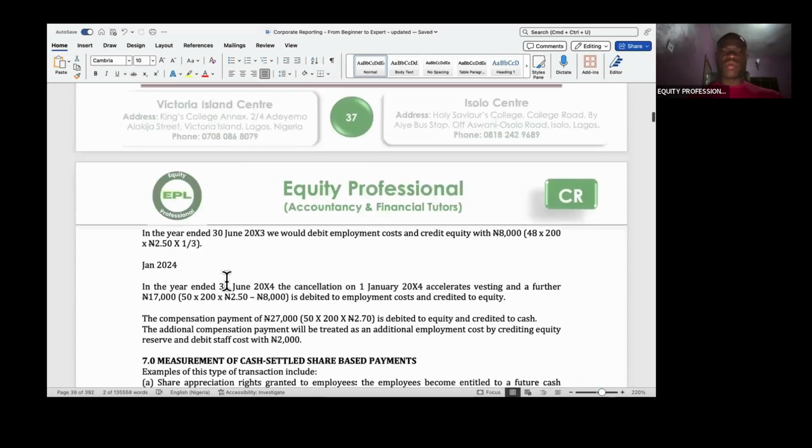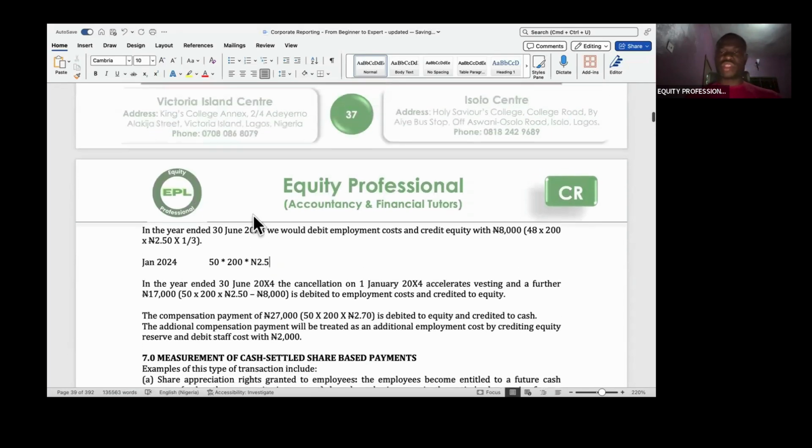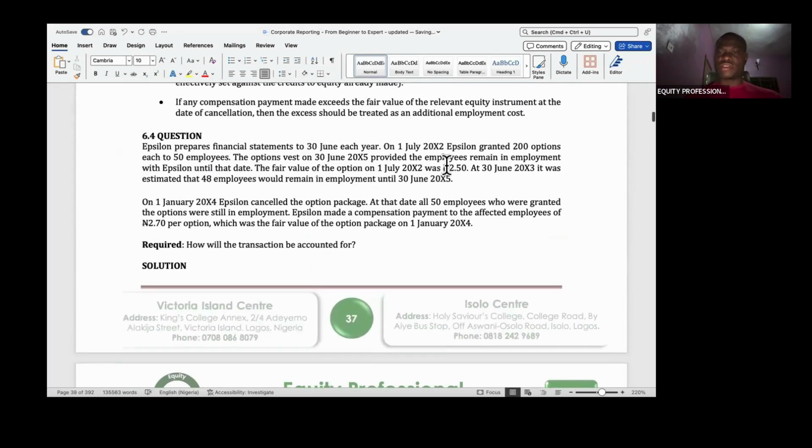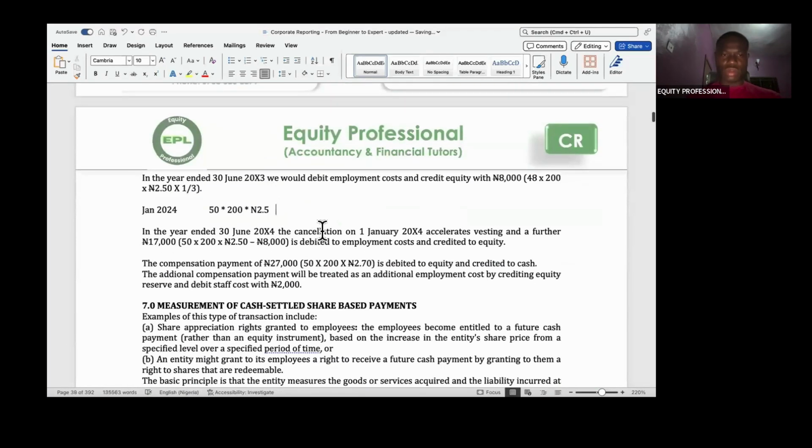So we'll ask what is the value of this whole share option as at today? All 50 employees were there, each of them has 200 options, and we value each option at 2 naira 50 kobo, which is the fair value of the option at the grant date. That will give us around 25,000. So this is the value of the option.